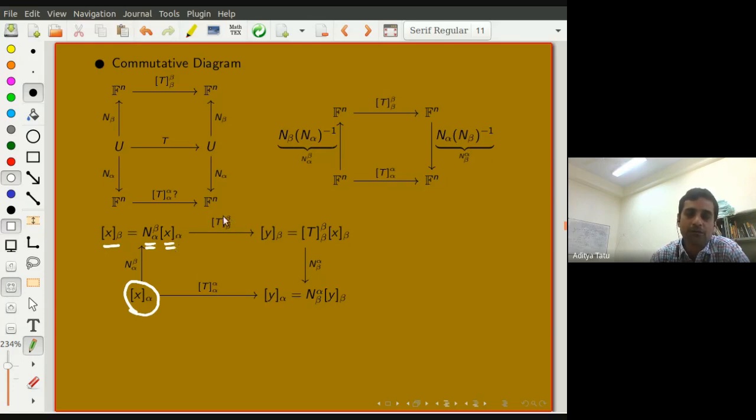Then I can operate with the matrix T beta beta on x beta. What I'm going to end up with is the representation of the original vector y in the basis beta. But what I need is y represented in the basis alpha. So for that I use this change of representation N beta alpha.